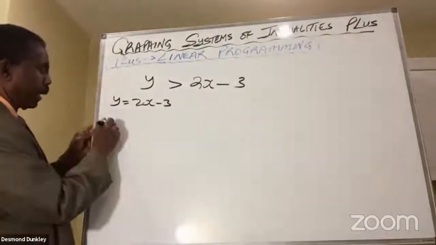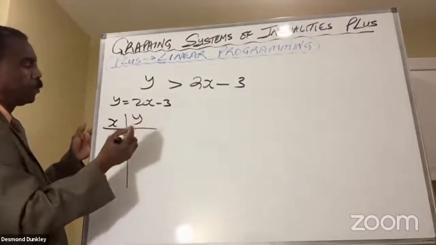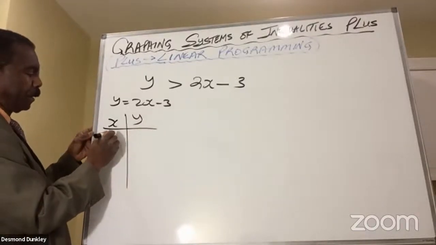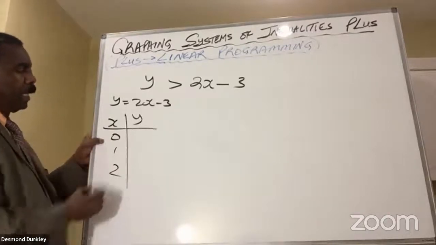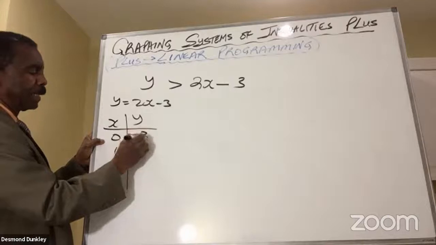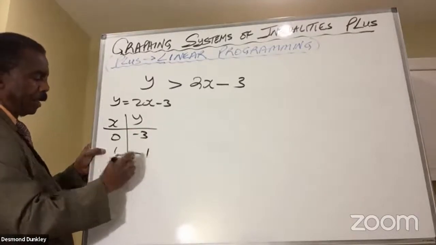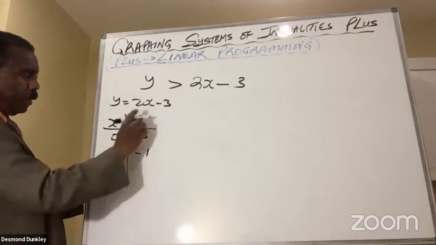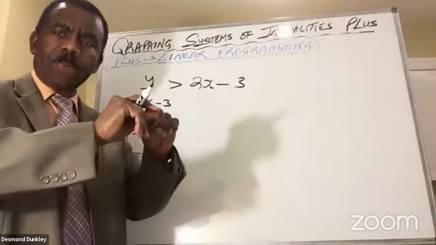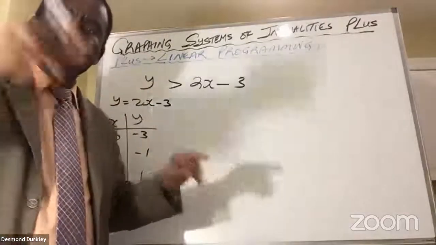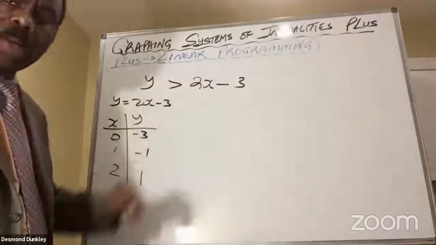You can make an XY table and choose numbers like 0, 1, and 2. When x is 0, y is negative 3. When x is 1, y is negative 1. When x is 2, y is 1. If you plot those 3 points and take a straight edge and pass a line through the 3 points, there is your line. Okay? I don't have time for that.